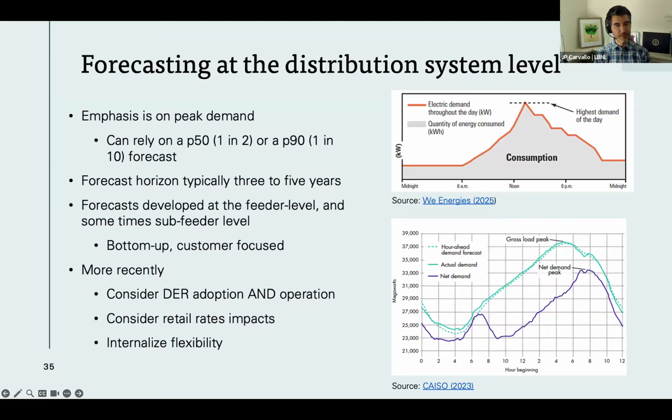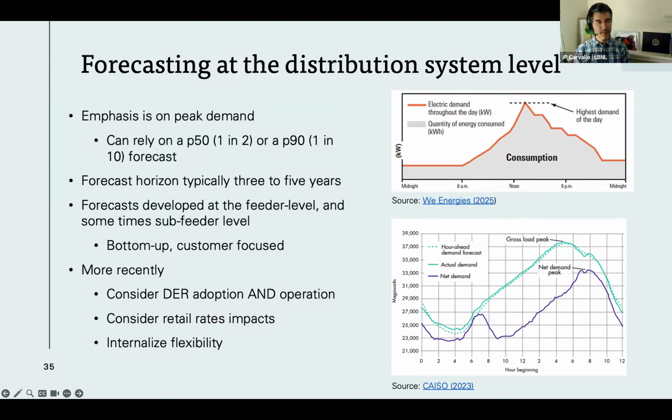And more recently, these forecasts at the distribution system level have been much more focused on trying to represent distributed energy resource adoption and operation. They are starting to consider retail rate impacts, so making some assumptions about customers that are migrating out of the traditional volumetric rate and into time of use rates or other types of time varying rates, such that those might shape their load, and then they should be translated into inputs to the load forecast, as well as internalizing flexibility patterns.